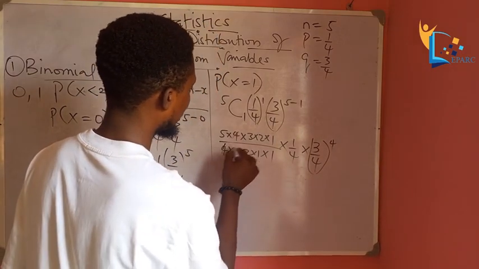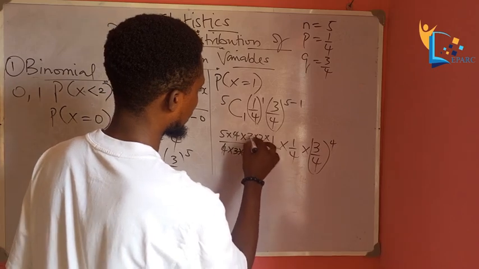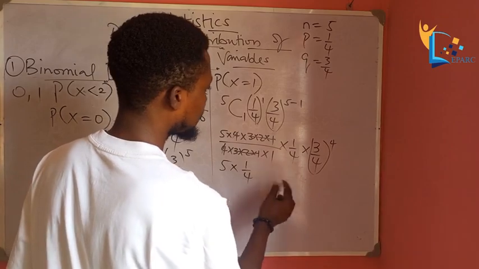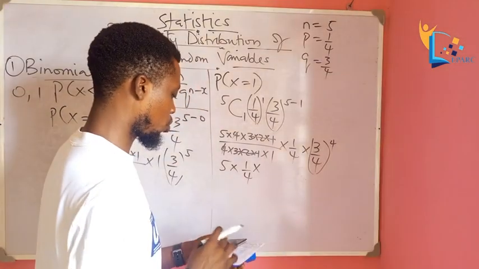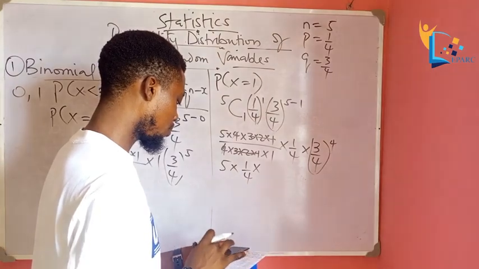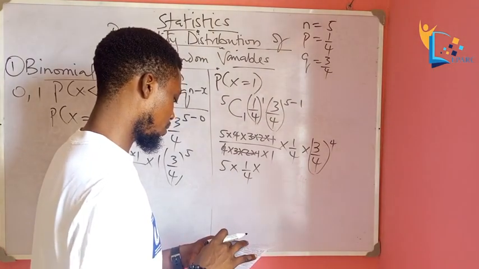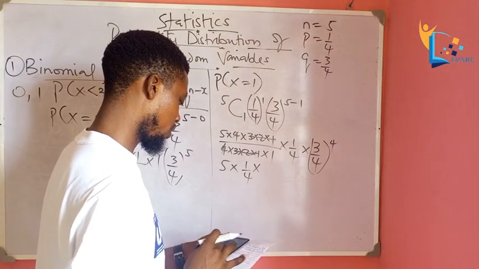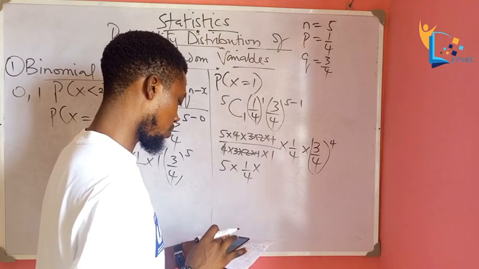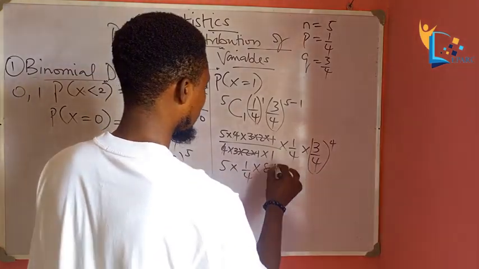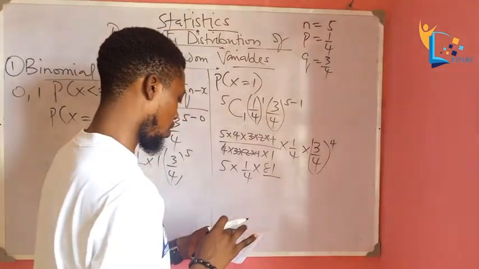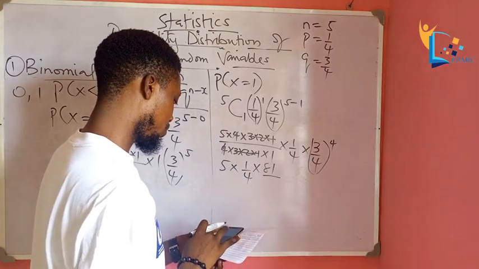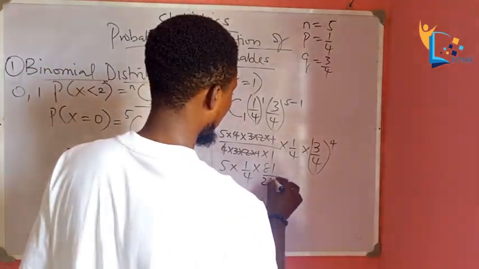So this will cancel this, okay? So we're left with 5 times 1 over 4 times 3 raised to the power of 4. 3 raised to the power of 4 will give us 81 all over 4 raised to the power of 4, which will give us 256, okay?